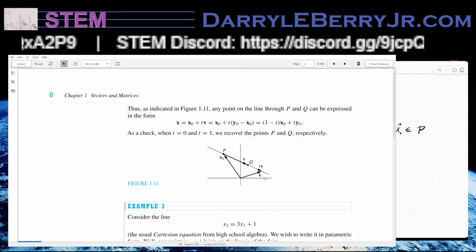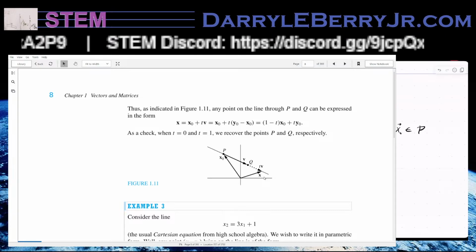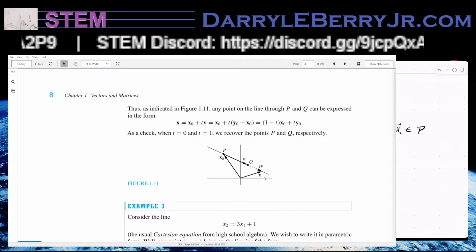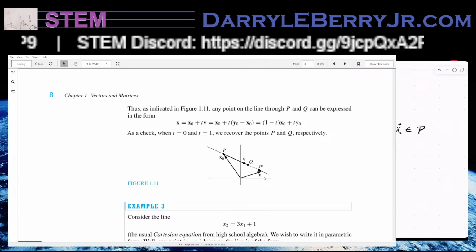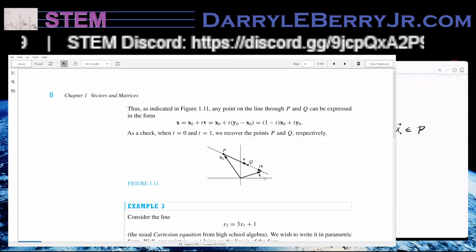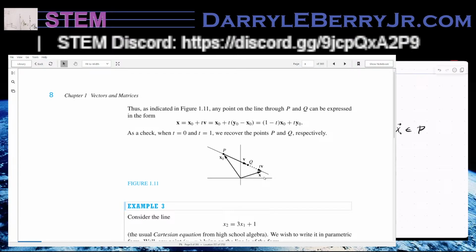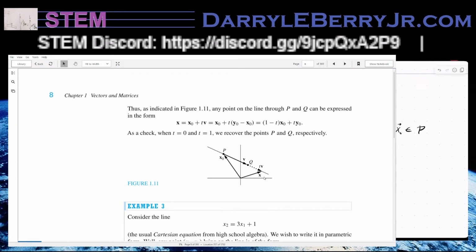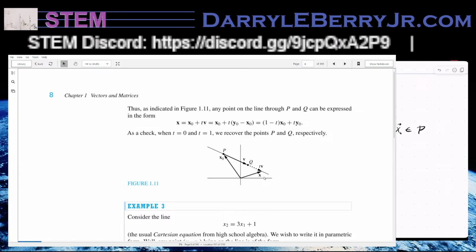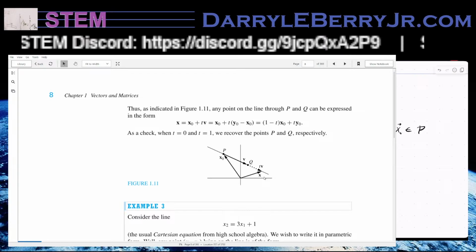It looks like I noted it incorrectly. I mean, that is technically x0 plus rv, but it seems like the book likes to write it on the other slant.